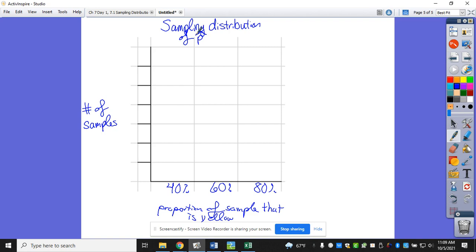Even if you're not fully done writing out the column, you should be able to skip ahead to where we are and be okay with it. Like, you know that you could write down numbers. So how many did we end up with that were 40%? 6.